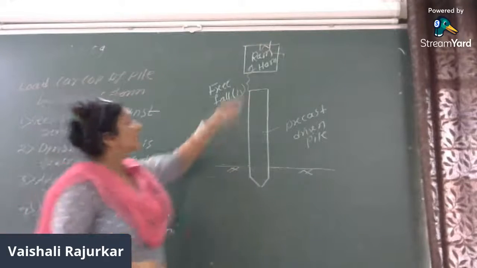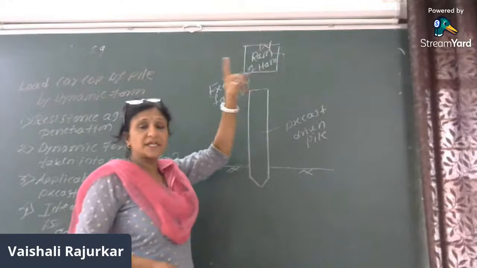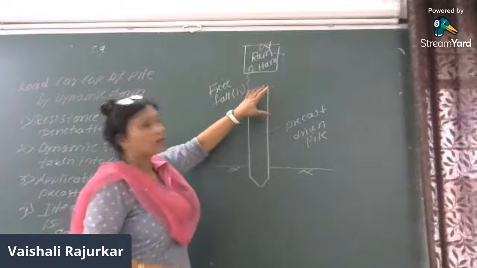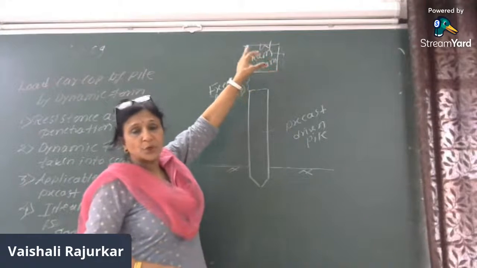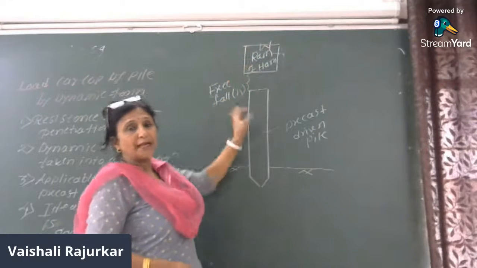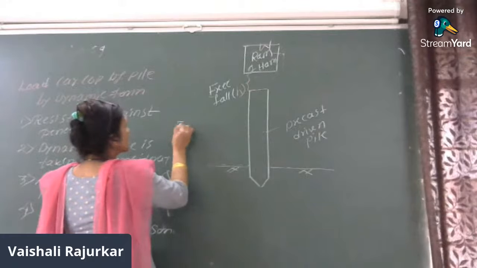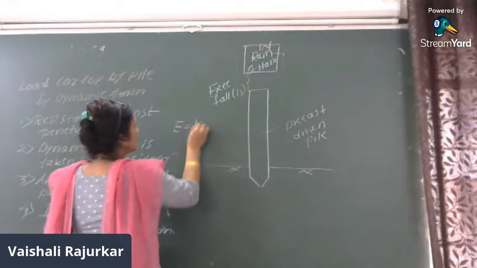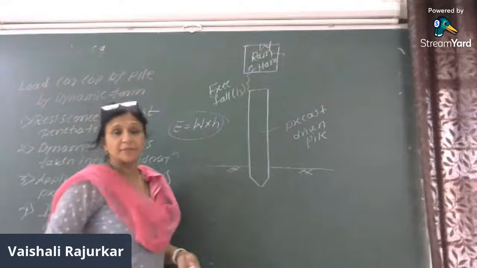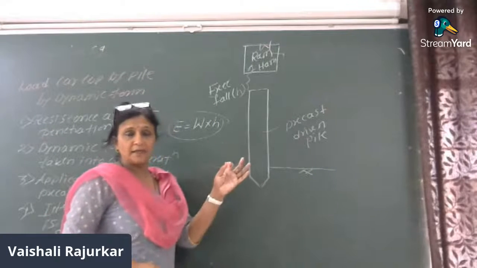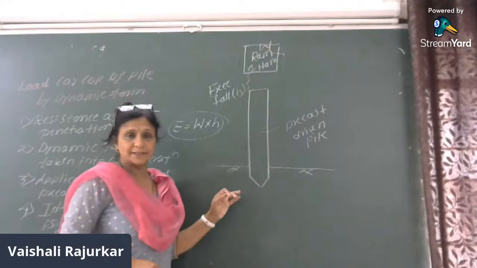Driving energy is the energy imparted by the hammer at the top of the pile, and that will be the rated energy, which is the product of W and H. So this is the rated energy which I am giving to the pile, so that it will be penetrated into the soil mass, right?